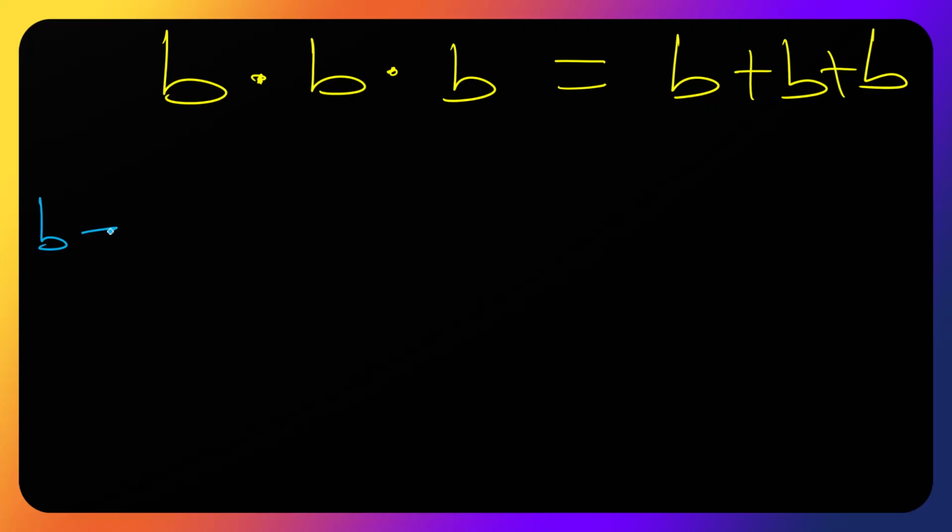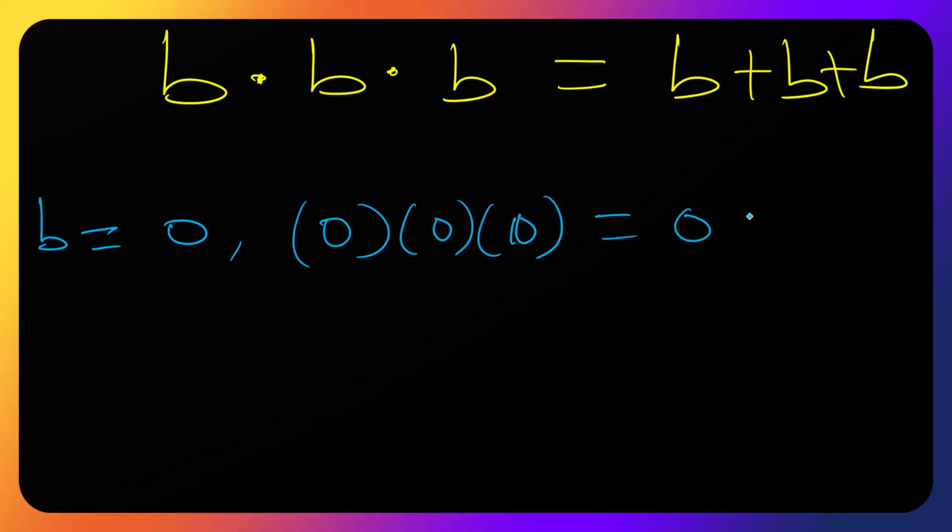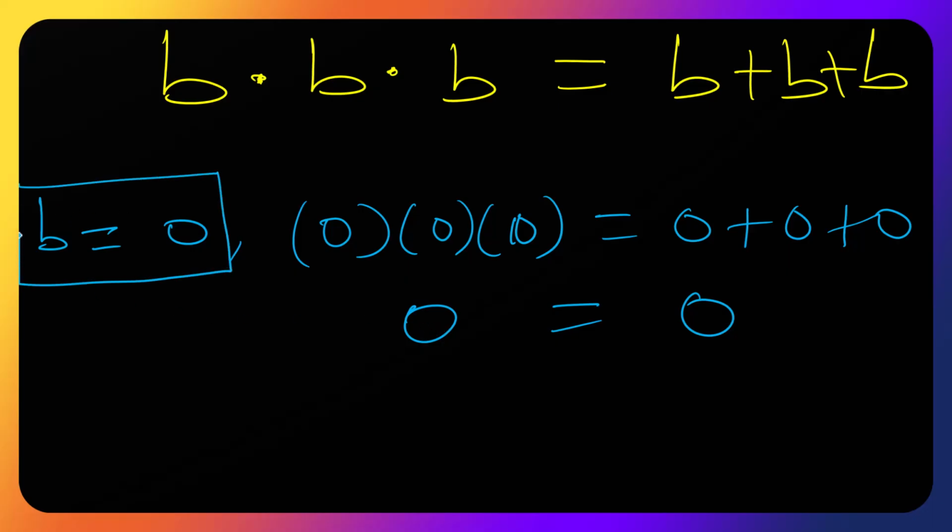That's the first answer. If b is equal to 0, that will be 0 times 0 times 0 equals 0 plus 0 plus 0. So 0 times 0 times 0 is 0, and 0 plus 0 plus 0 is still 0. So b equals 0 is correct.